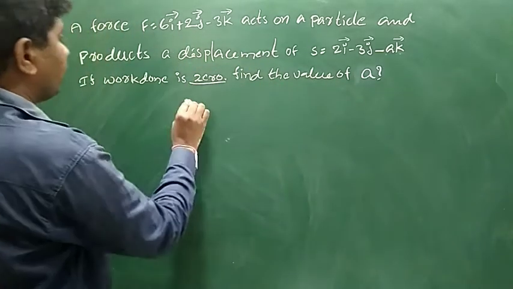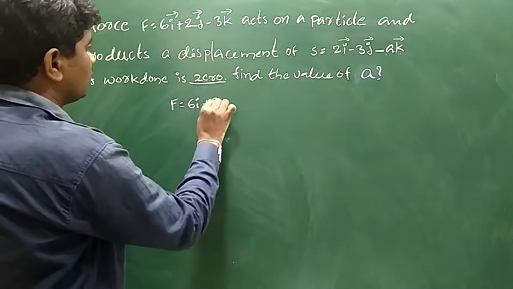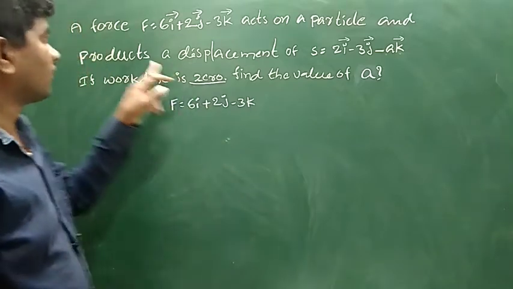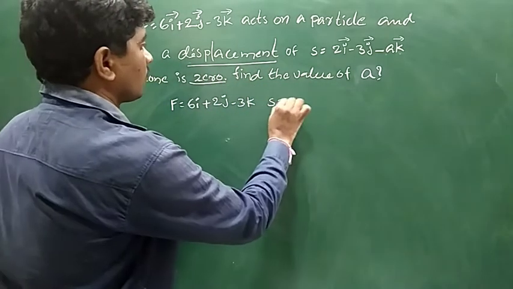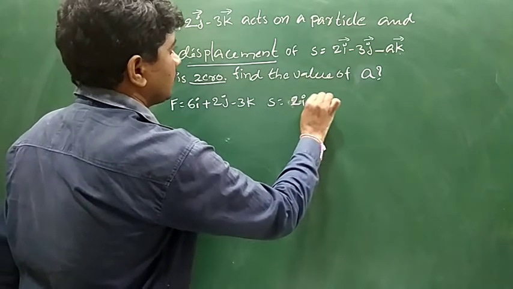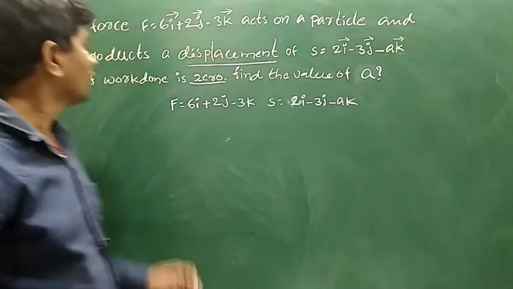The force F is equal to 6i plus 2j minus 3k. The other one is the displacement, S equal to 2i minus 3j minus ak.